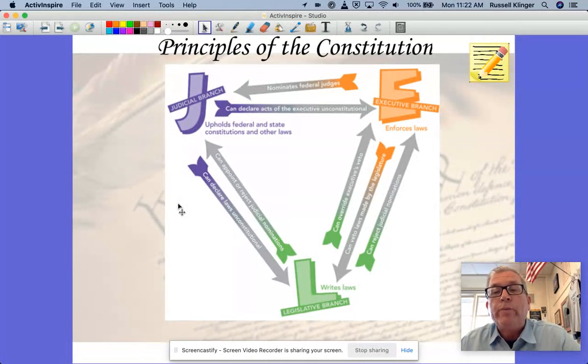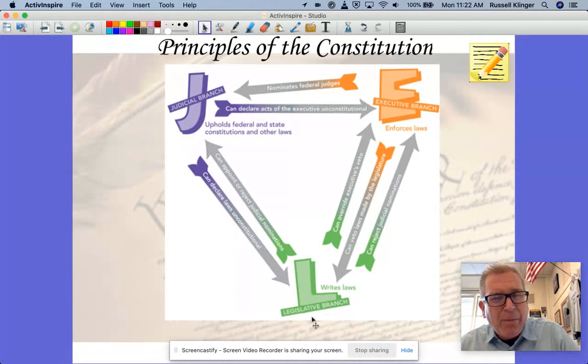So if you remember from assignment 19, one of the important powers of the judicial branch is that they interpret the Constitution, right? They interpret laws. They make sure that laws are not violating other laws. One of the powers of the executive branch is to enforce laws, to make sure that laws are followed. And probably the most important power of the legislative branch, which is Congress, right, is that they are the ones that make the laws.